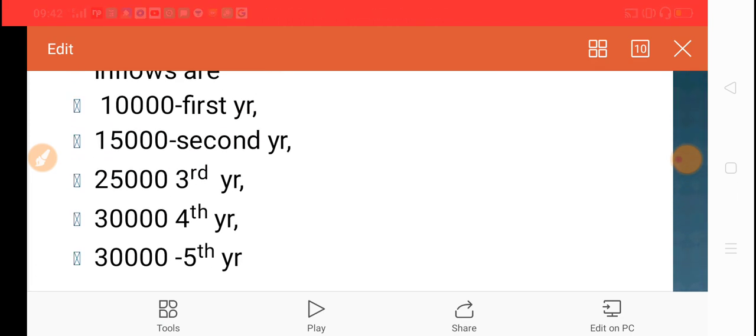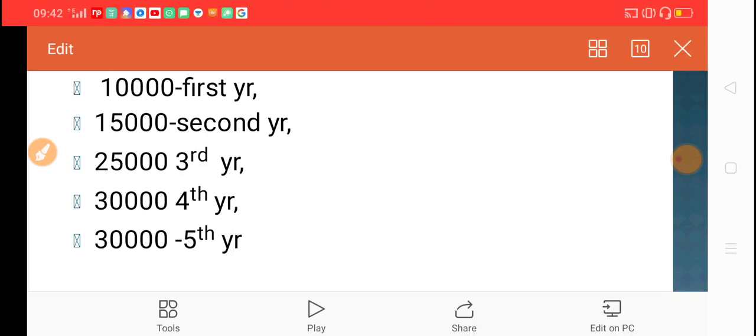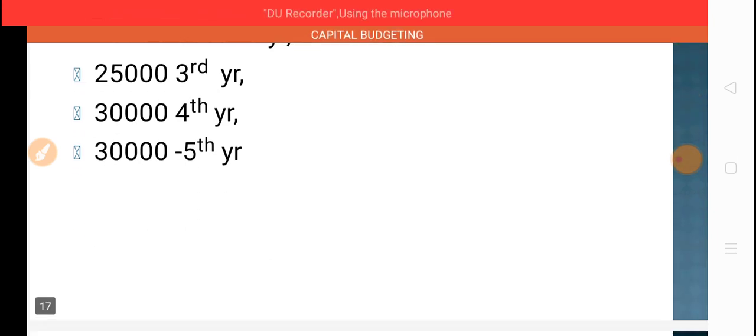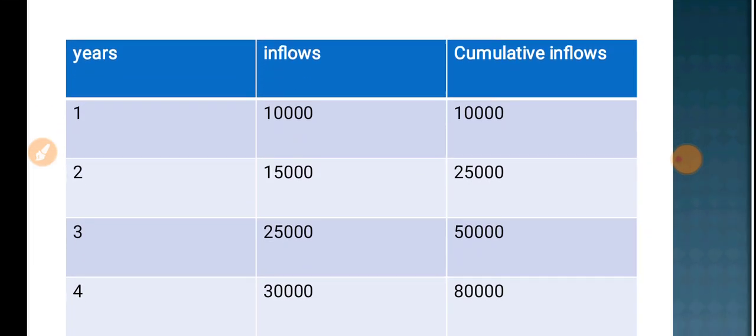First year 10,000. Second year 15,000. Third year 25,000. Fourth year 30,000. And fifth year also 30,000. Here I have already rewritten all.